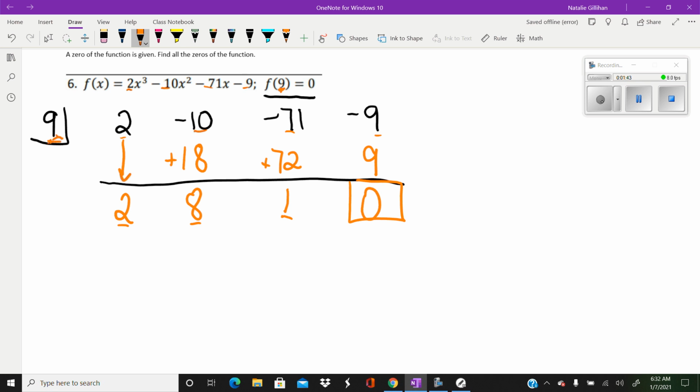That is the remainder. And if they tell you that 9 is a 0, you should get a remainder of 0. If you don't get a remainder of 0, you've done something wrong.